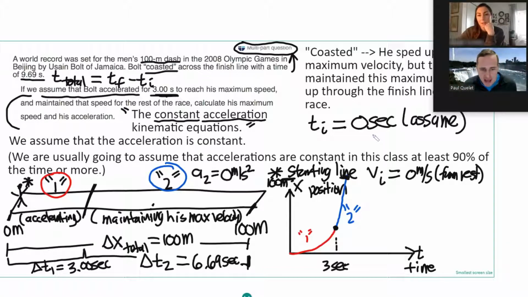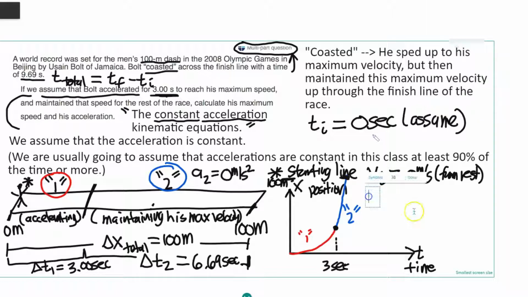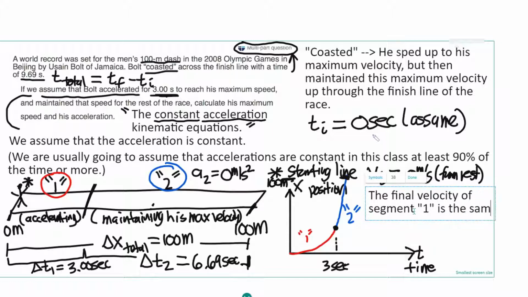So let's write this down. This is so key. The final velocity of segment 1 is the same as the initial velocity of segment 2.